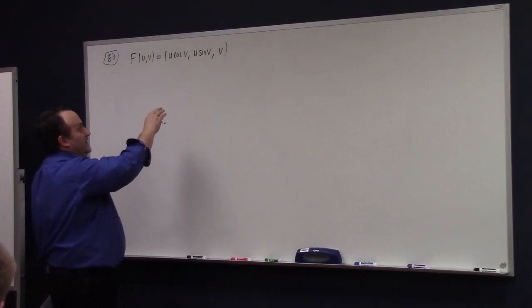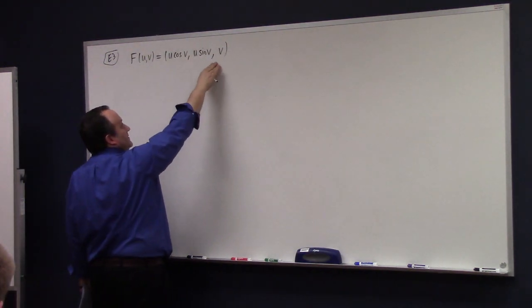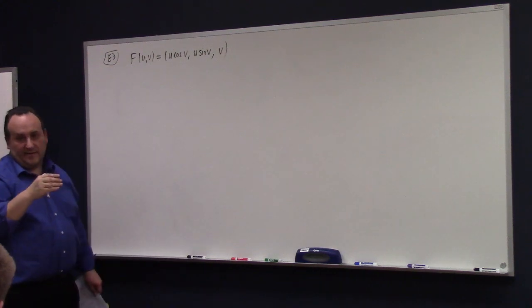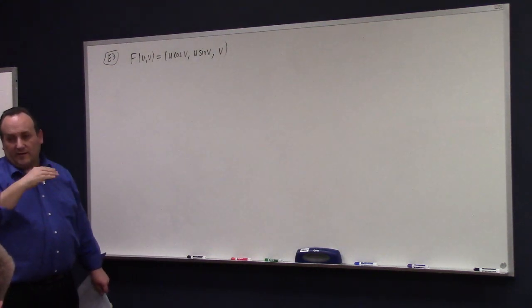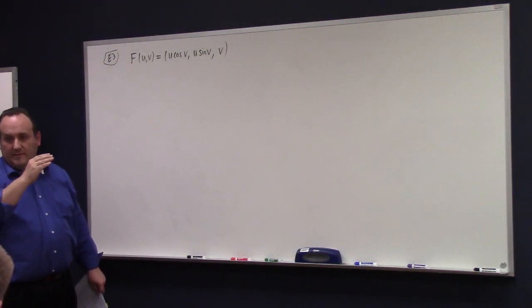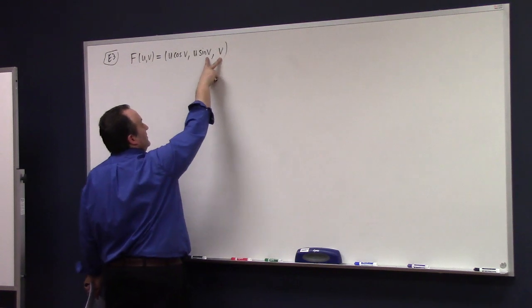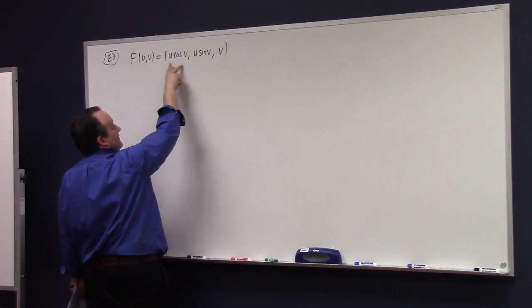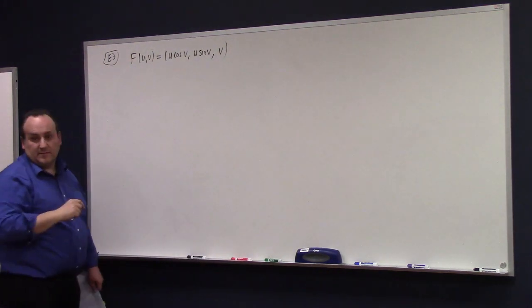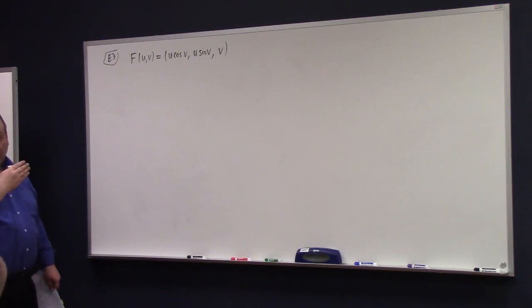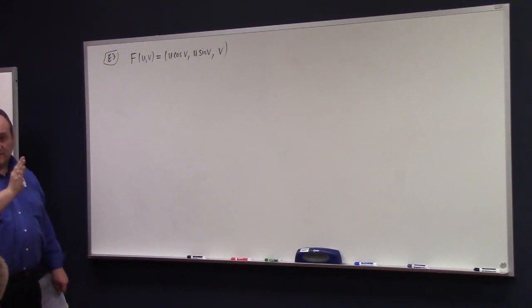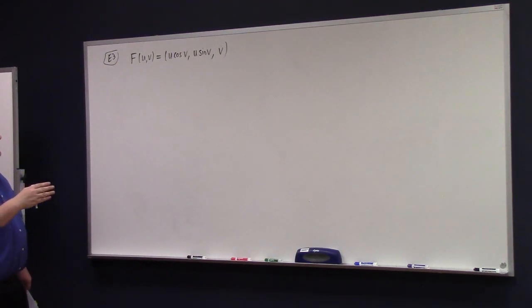In Calc 3, we study a helix as something like r cosine t, r sine t, and then mt for the last coordinate, if you want a helix of slope m. So if you think of v as the parameter of the curve and fix u, you get a helix. If u varies, we get a whole family of helices.